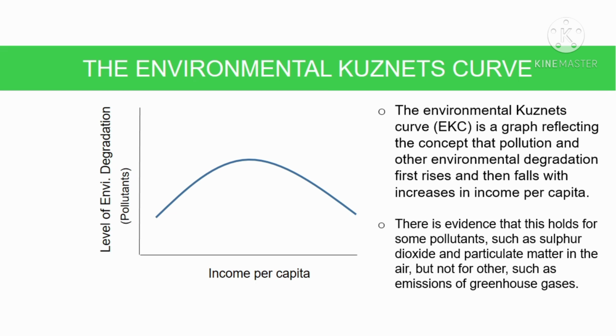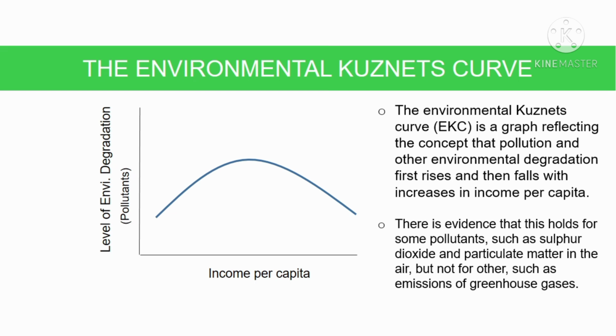It is a graph reflecting the concept that pollution and other environmental degradation first rises and then falls with increases in income per capita. There is evidence that this holds for some pollutants such as sulfur dioxide and particulate matter in the air, but not for others such as emissions of greenhouse gases.